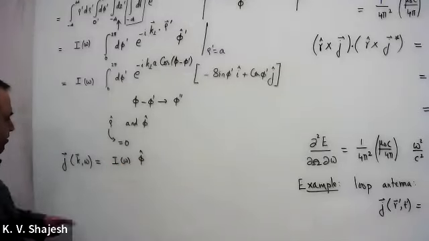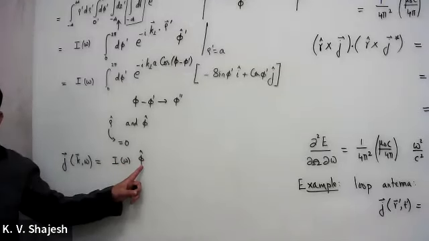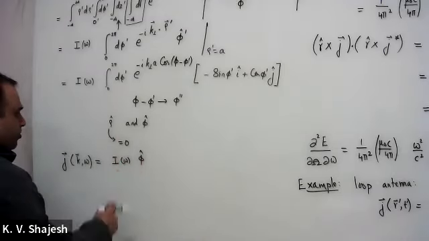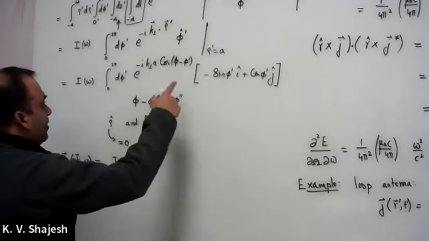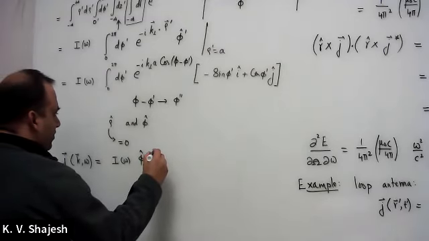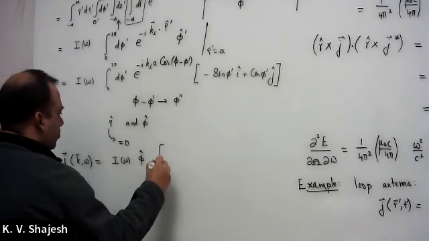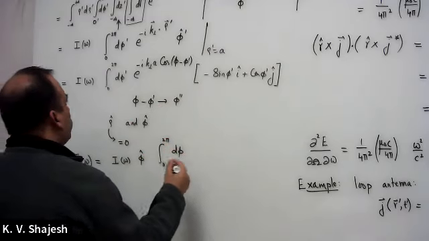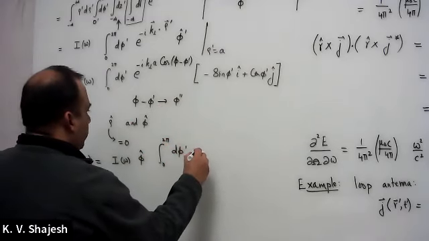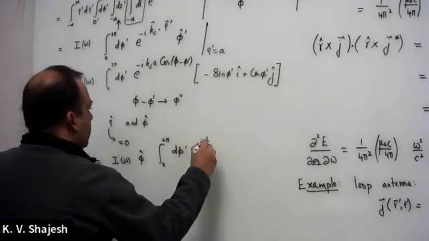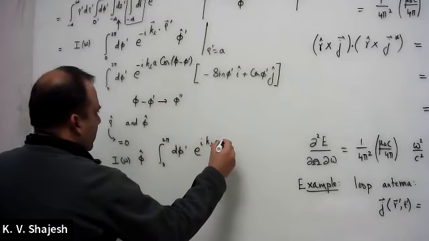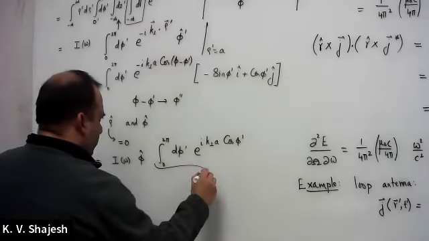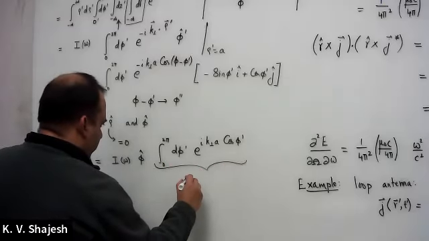Now in the phi hat direction, the observer phi hat, not the prime, not the source phi hat, but the observer phi hat. And the remaining integral, 0 to 2 pi d phi prime times exponential of i k perp a times, I think it will be just cosine of phi prime. This is nothing but a Bessel function.